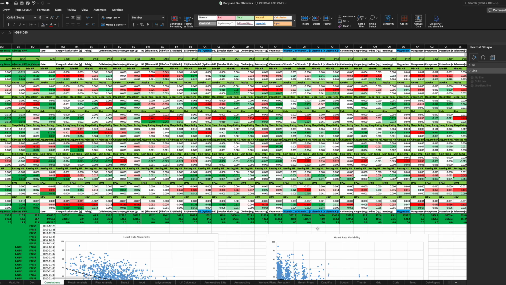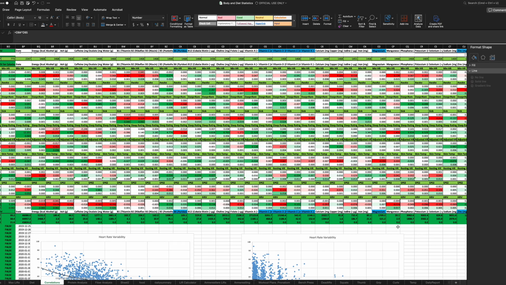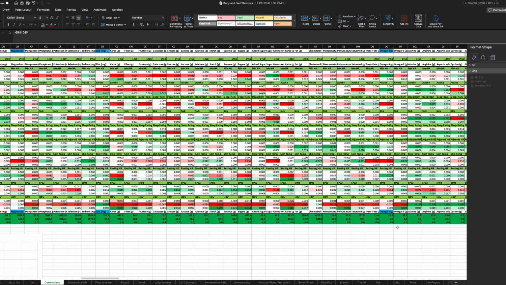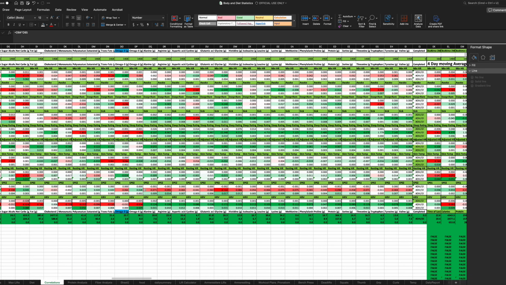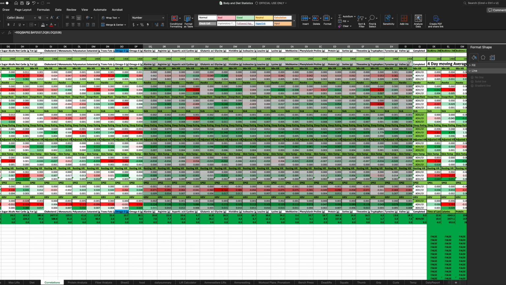And you can see here, if we go and take a look at the chronometer data, that all of the amino acids have very slight positive correlations, right? With higher heart rate variability. And obviously there's certain ones which are stronger.